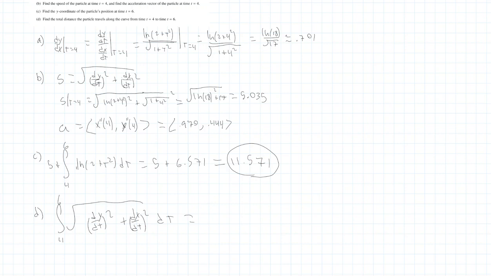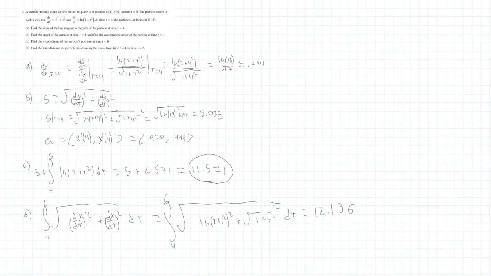We're just going to plug in dy/dt and dx/dt. So the ln of 2 plus t squared, all squared, plus the square root of 1 plus t squared, squared, dt, and with our calculator that gives us 12.136 rounded to 3 decimals, and that would be the total distance traveled for the particle, and that is the answer to the entire question.